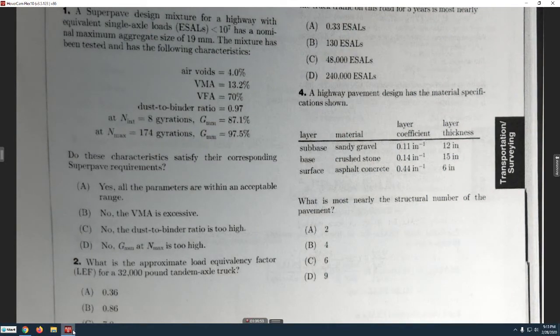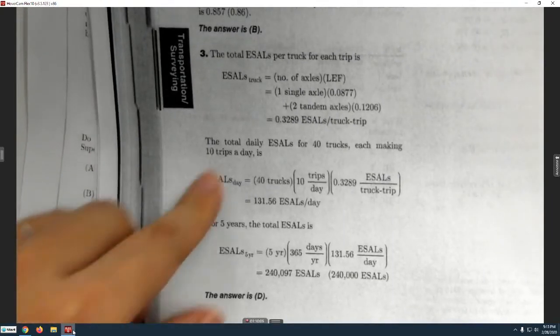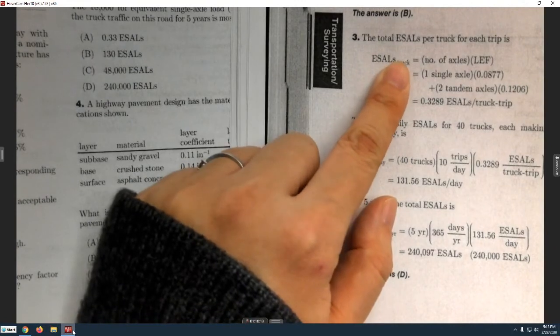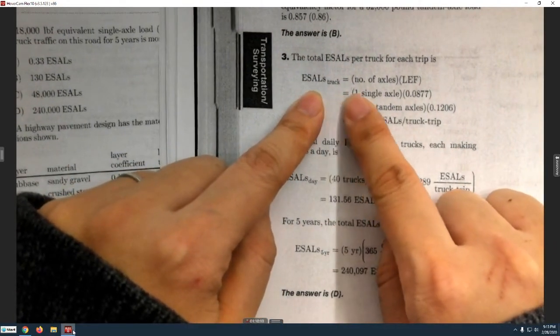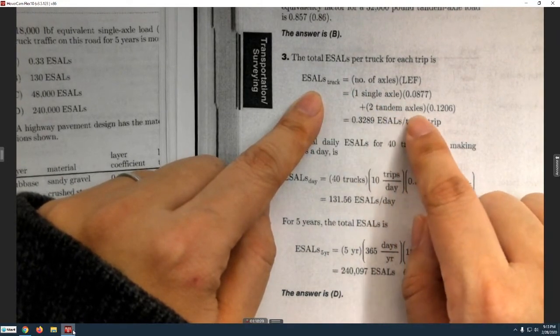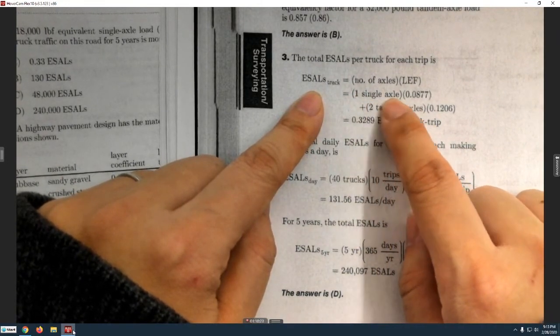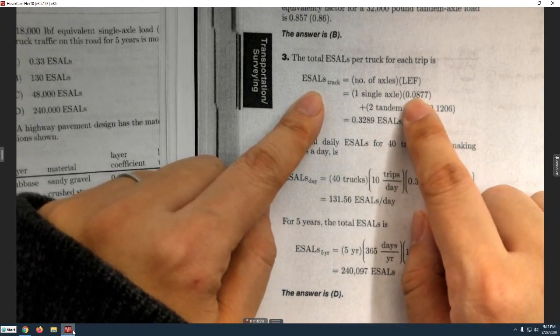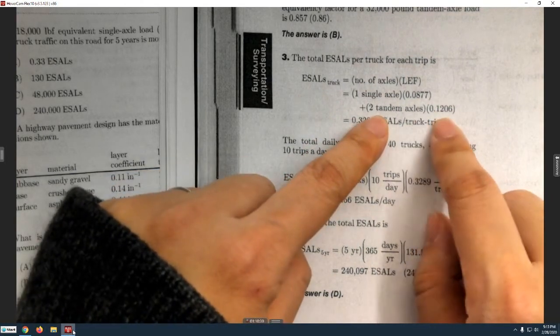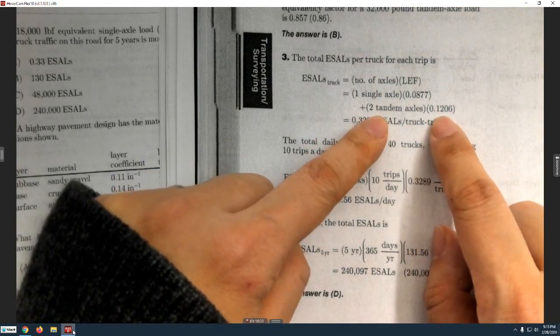So in this case, we first need to calculate, let me show you on paper, the equivalent single axle load for the entire truck. You need to add up the front axle and the rear axles. There is one single axle at front, so 1 times its load equivalency factor, and then 2 times its own load equivalency factor.